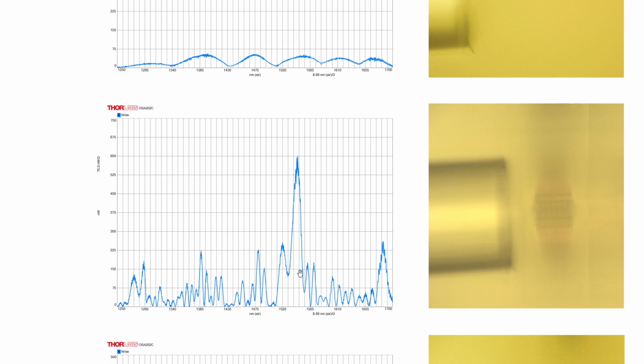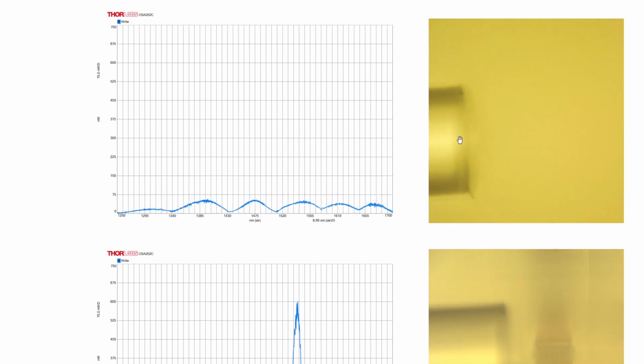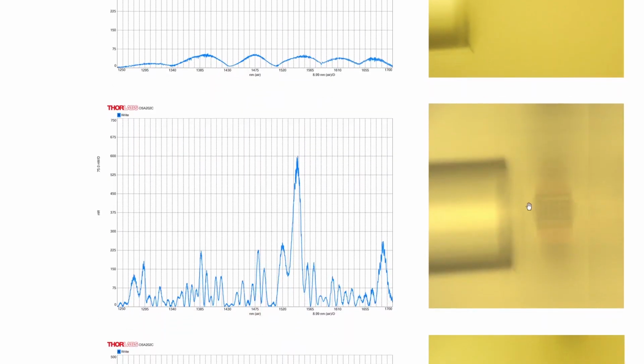So you might think here we have interference fringes, and the question can come up why we have these interference fringes here. The reason is that here we have two reflections, one that we had before from the internal reflection, and the other one from the Bragg grating.